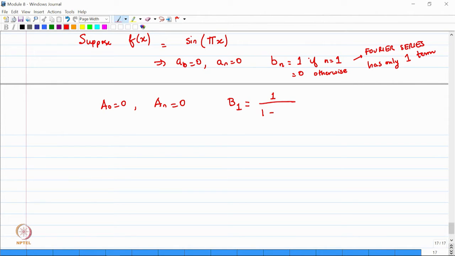1 divided by 1 minus, now n square is 1, so pi square divided by L square. Taking it as pi x by L, so pi square by L square. So b_1 is this, or I can write this as L square divided by L square minus pi square.